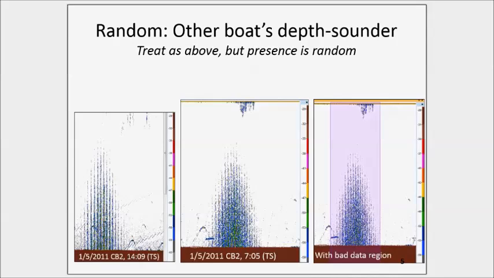So we don't typically just take out a section of the data, we take out that whole set of the data from the data region altogether. Again, that's just another example, but obviously more manual processing, because you don't know when a boat is going to go by when you're collecting data, especially over a long period of time.